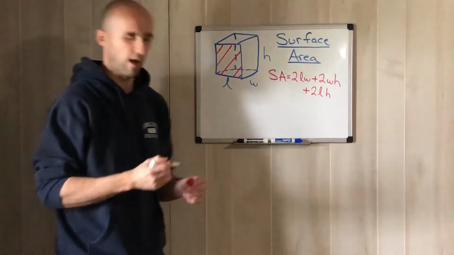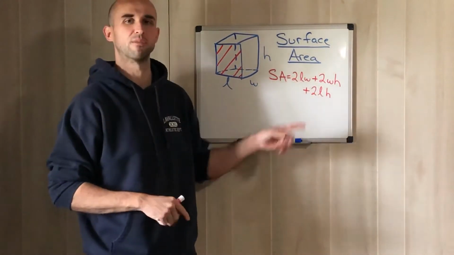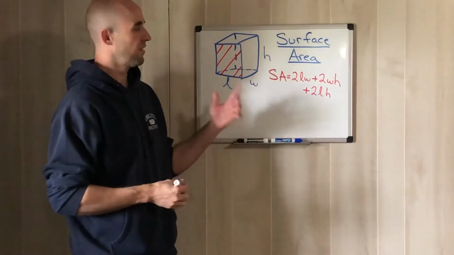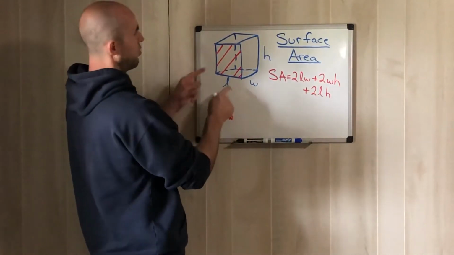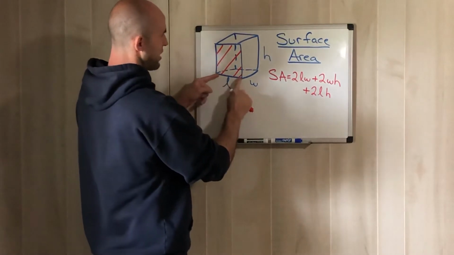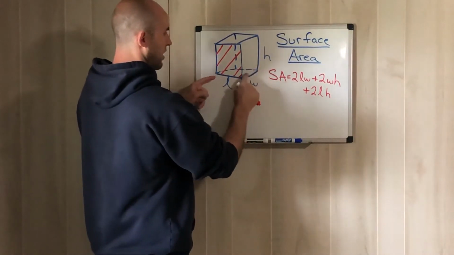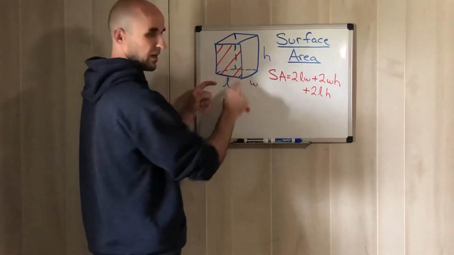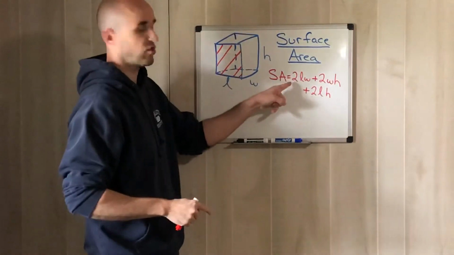The 2 is basically referring to the two faces that are the same. For example, when we're talking about length and width, we know that this is the length and that's the width. Length and width represent the bottom, and since the bottom is the same as the top, that's why we have 2 of them.